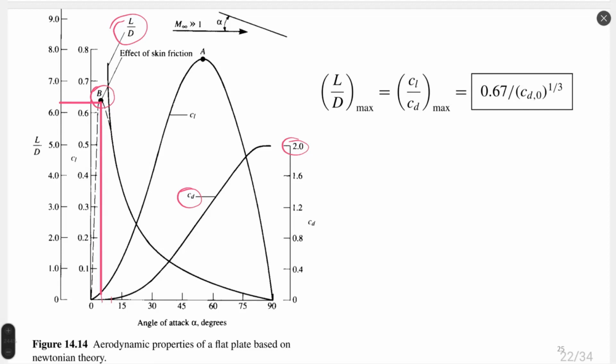At which point does this theory of Newton start to be valid? We can see by making one more line, and this is approximately 10 degrees. Starting from 10 degrees, Newtonian theory fits quite well with the real flow, where we take into account skin friction effect.